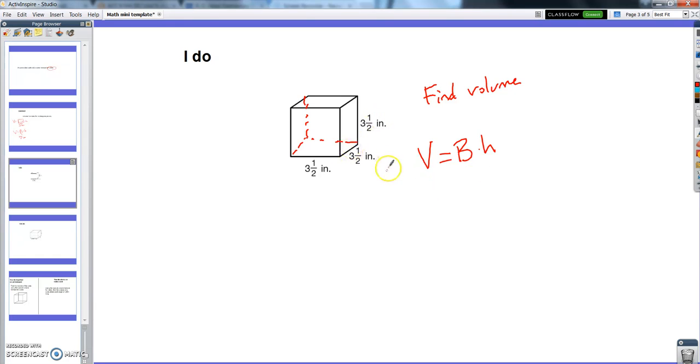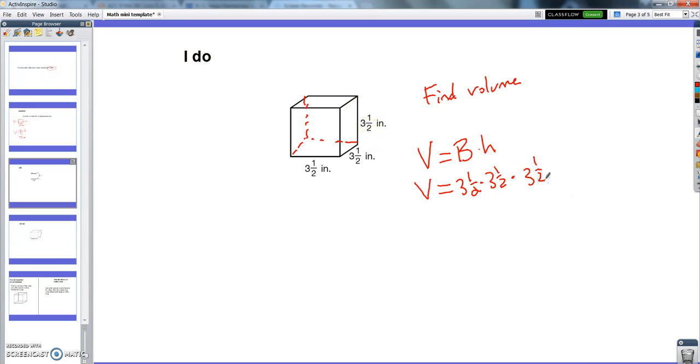So if I'm going to use volume equals area of the base times height, since this is a cube, the base is a square. And the area of the base is 3.5 times 3.5. That's the big B part of the formula. Times the height, and the height is also 3.5.